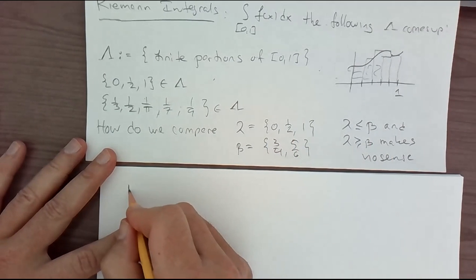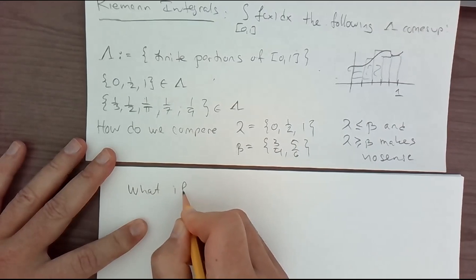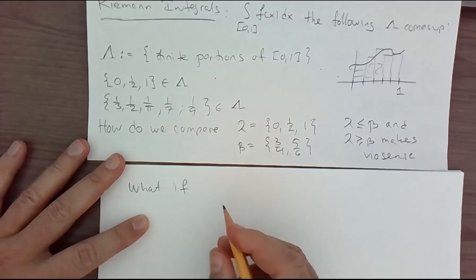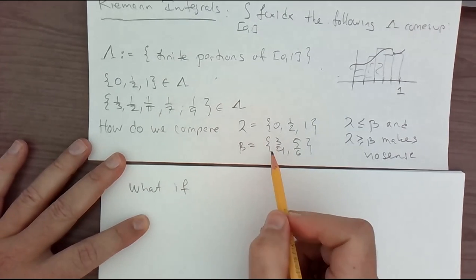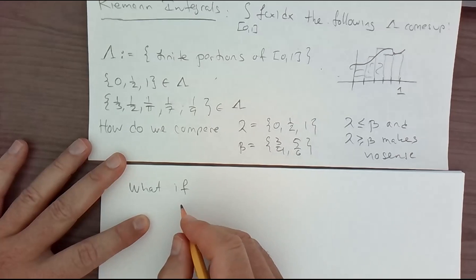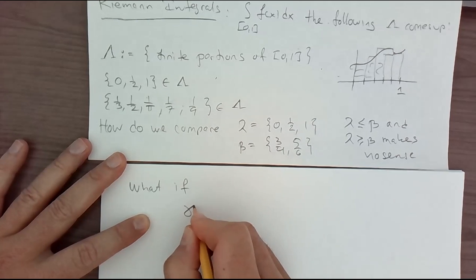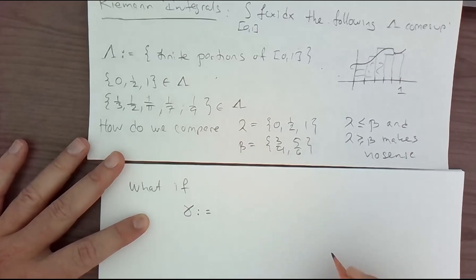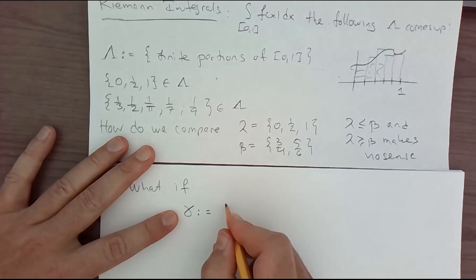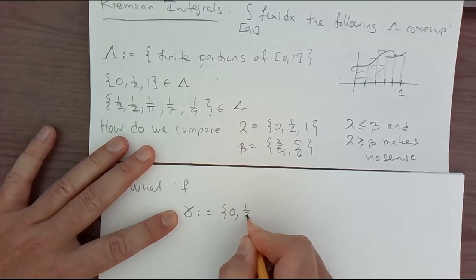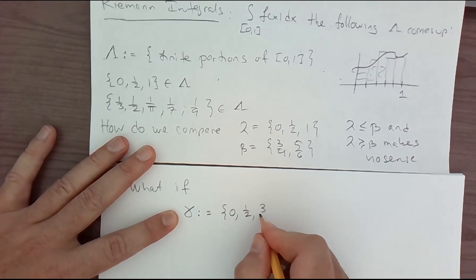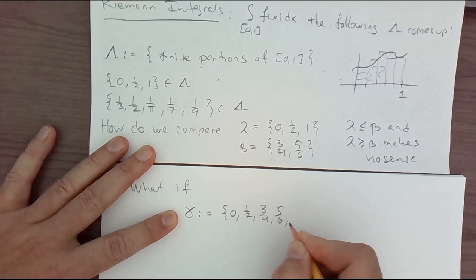But what if I change beta here to be something else? What about if I would compare lambda, beta, and then say gamma? What would happen if I would put inside gamma 0, 1, 3/4, 5/6, and 1?